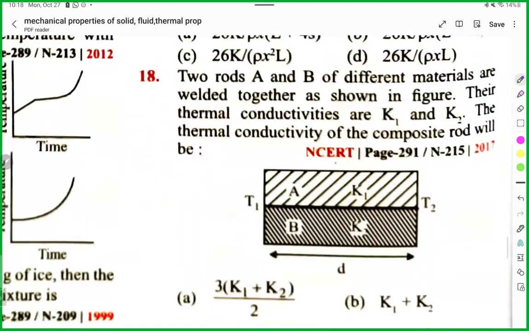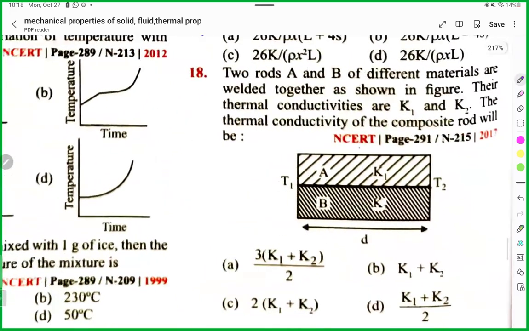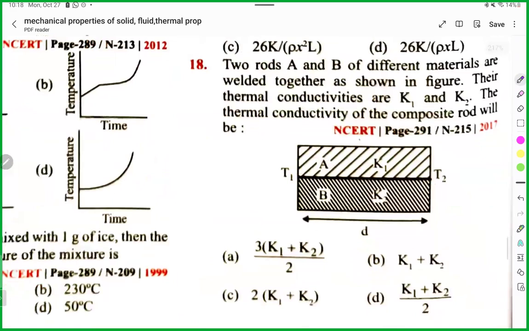Next question. First, all four of you tell me, is it series combination or parallel combination? Anvita, series or parallel? Parallel.